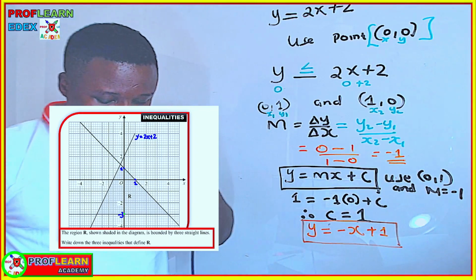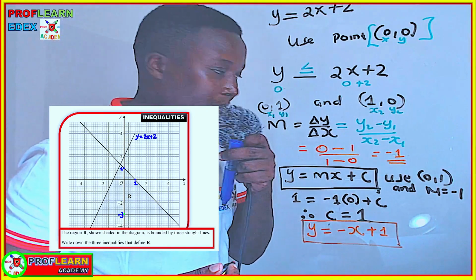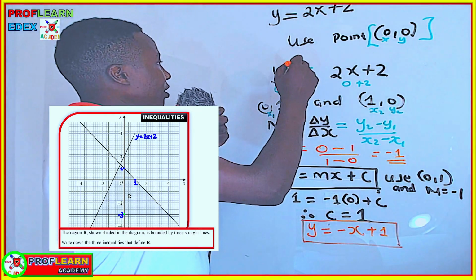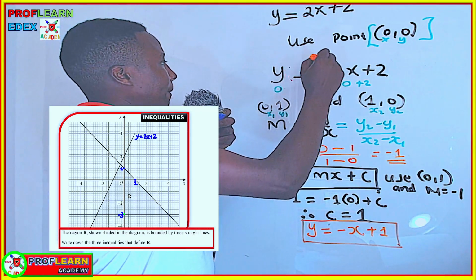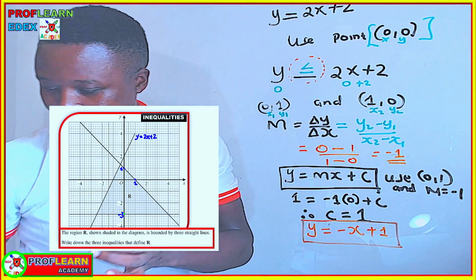Now, we are going to follow the same procedure and process the way we did here in order to find which inequality we are going to use at this given point.